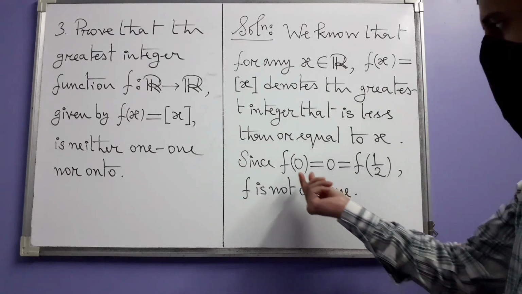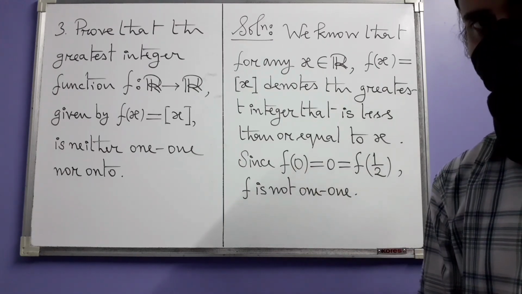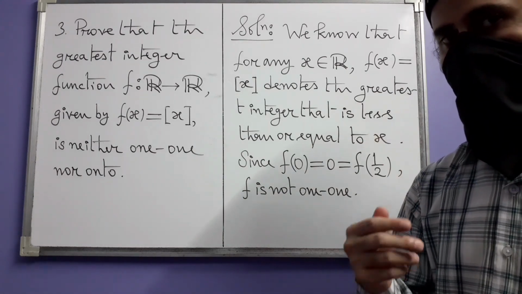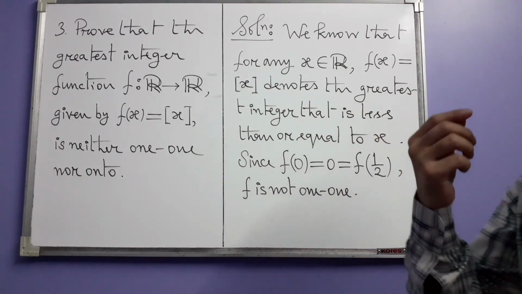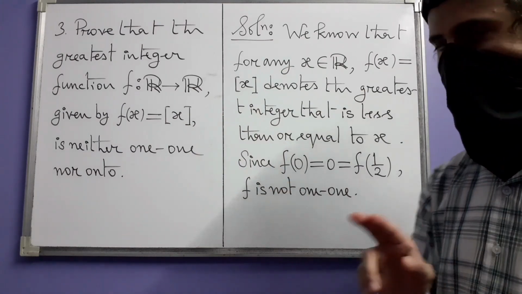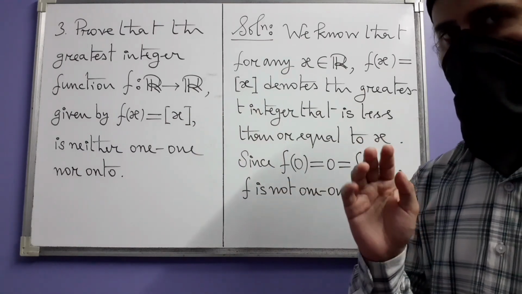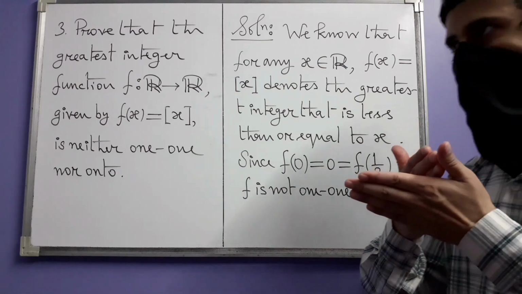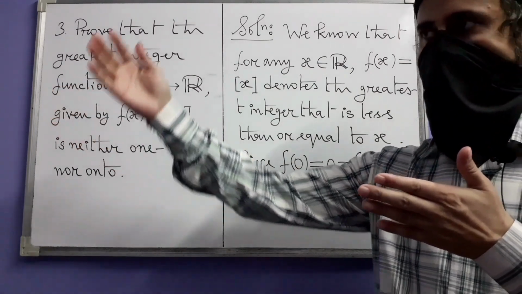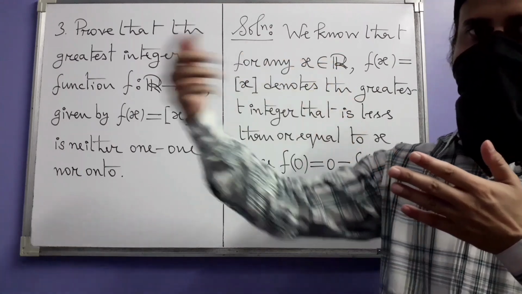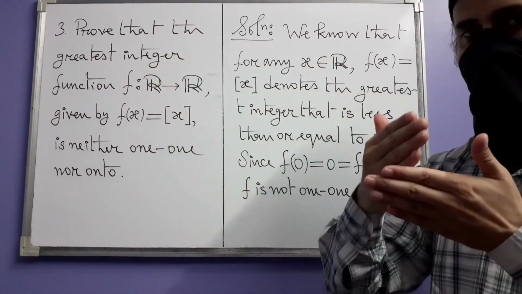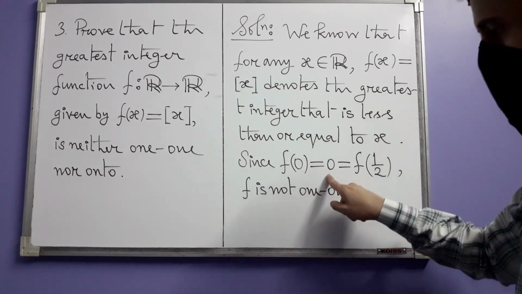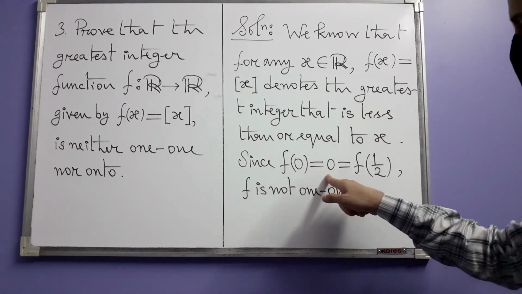So now if you evaluate f of 0, for example, what are the integers that are less than or equal to 0? All the negative integers are less than 0, and 0 itself is less than or equal to 0 because it's equal to itself. Among all these integers, minus 3, minus 2, minus 1 and all the other negatives and 0, what is the largest? 0. So that is why f of 0 is 0.